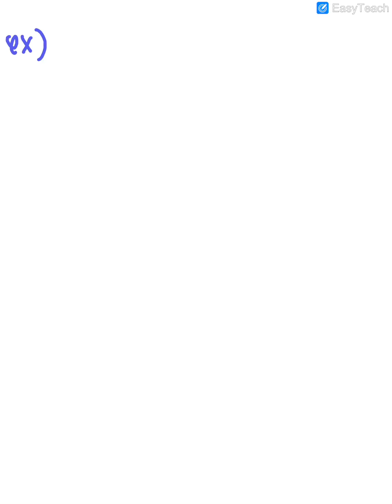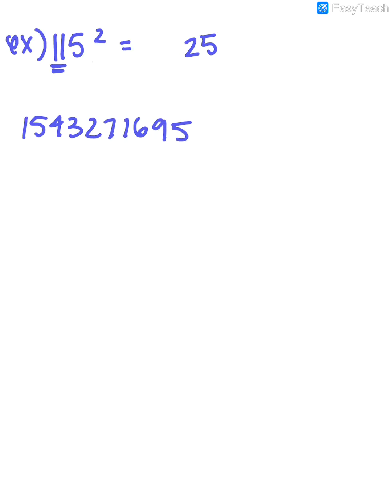Alright, so let's go ahead and do another example. Let's do 115 squared. If you remember from the last slide, the first step is to write 25 down as the last two digits, and then take, basically what I meant by the first digit is everything that comes after this 5. Now this isn't the example, I'm just writing this out to show you really quick. If it was 1, 5, 4, 3, 2, 7, 1, 6, 9, 5 squared, I just wrote an abnormally large number, random.